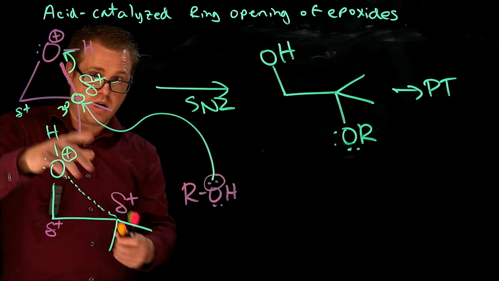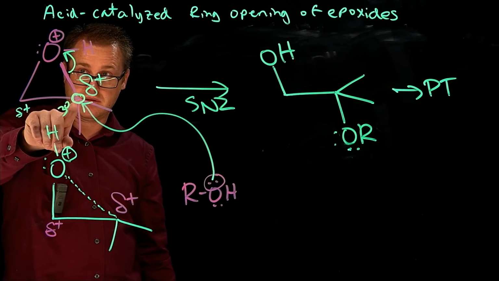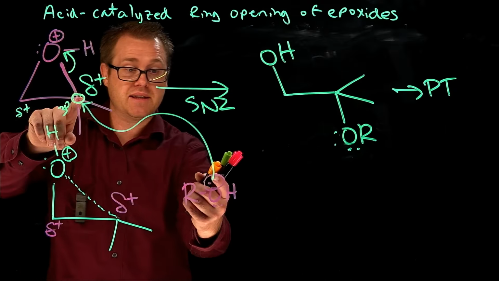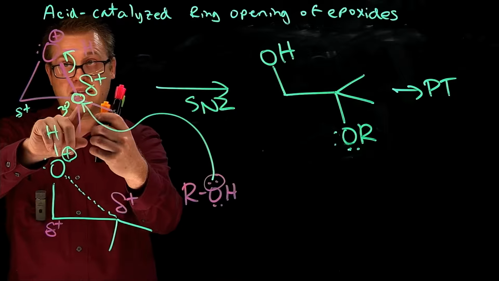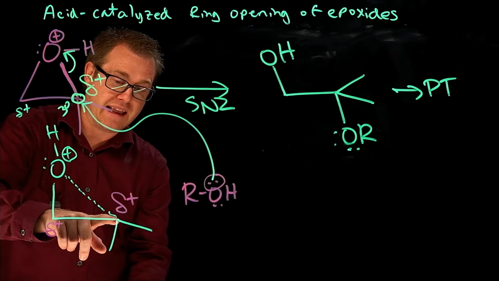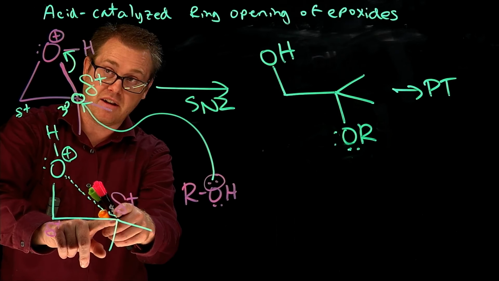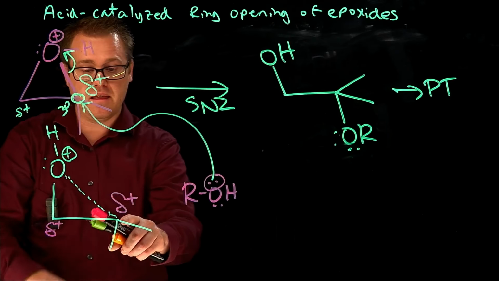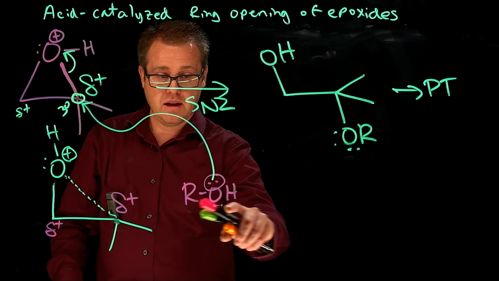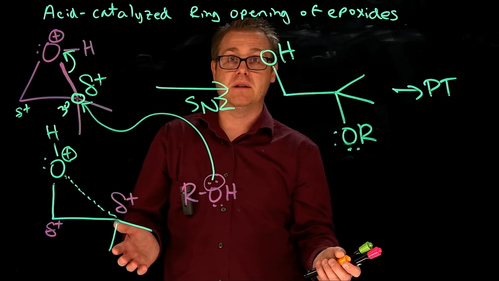So when I draw the molecule like this, that center right there looks like it's tetrahedral. And if it was completely tetrahedral, this could not come in and attack. That's what we've learned previously. But if it looks more like this, because this oxygen-carbon bond is breaking because it's not very stable, then this carbon right here, the one that the alcohol is going to attack, is not completely tetrahedral.